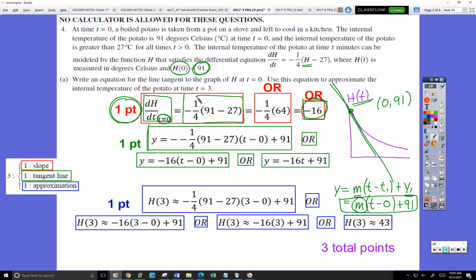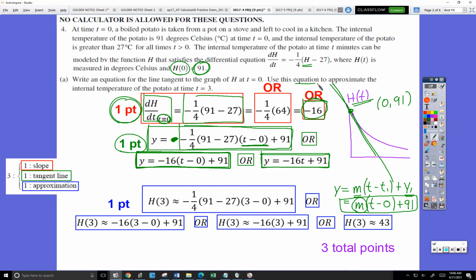This is a mistake. We've got to fix that. So it's just this formula plus the 91. There's my t minus 0. Or the easier way to see it is right here. But 1 point for writing the equation. You really shouldn't keep simplifying, but if you did correctly, you'd still get that 1 point. So 2 points so far.